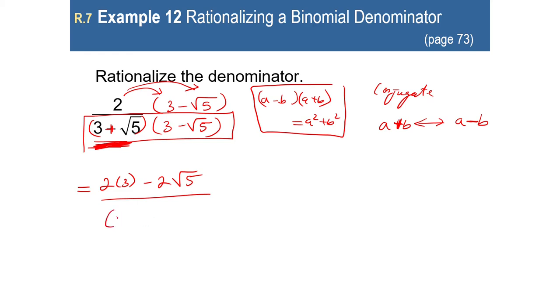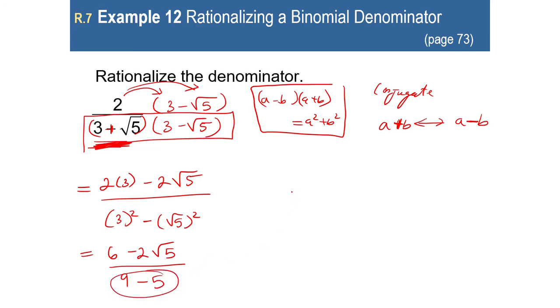This can be written as 3 squared minus the square root of 5 squared. 2 times 3 is 6. We'll leave the 2 root 5 alone. 3 squared is 9. And the square root of 5 squared, that's 5. The bottom simplifies as 4. This is 6 minus 2 root 5 over 4.